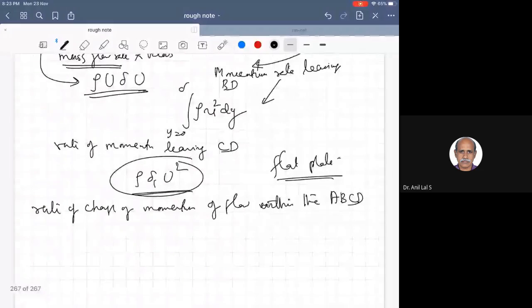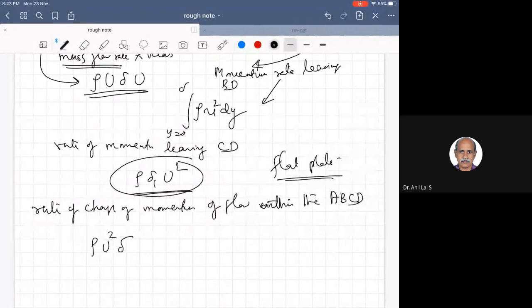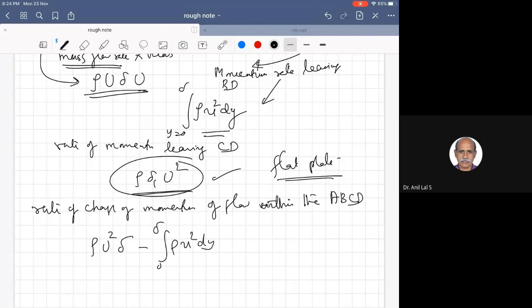What is leaving through BD is the integral from 0 to delta of rho u square dy. And leaving through CD is minus rho delta 1 U square. This is the rate of change of momentum within this control volume.